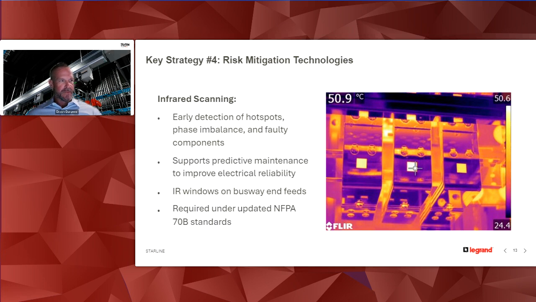What's the biggest thing about going out and doing an IR scan is it's a type, obviously, of preventative maintenance. So you've got a power distribution system that's up and running. You can go out there while it's energized and conduct these scans and discover potential issues. 90% of the time, it's a loose connection.